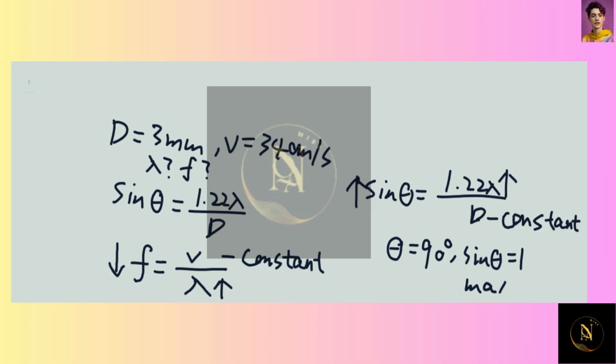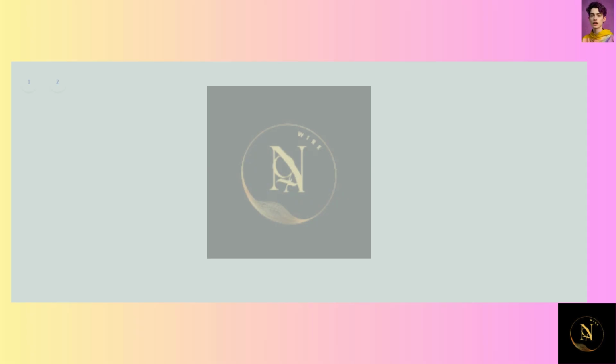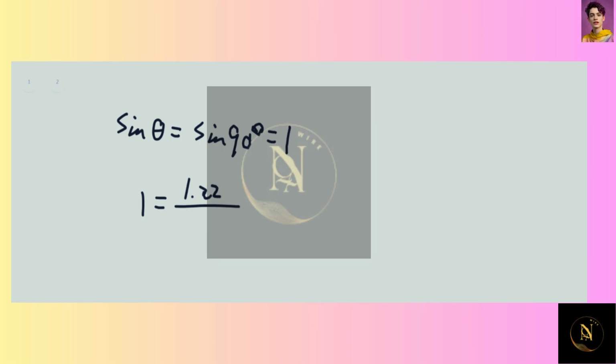Let's say max. Let me go to the second page. That means sine theta must equal sine 90 degrees, which gives us 1. So 1 is equal to 1.22 lambda max divided by d, which is 3 millimeters.